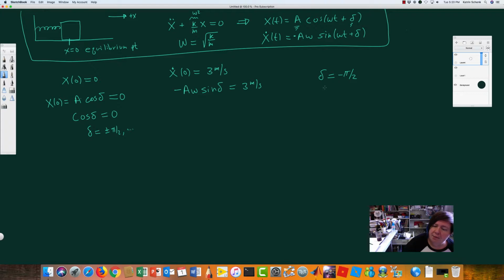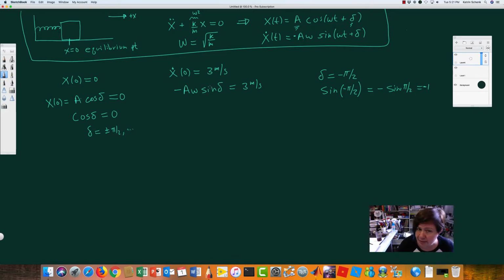Then I would have sine of negative pi over 2, which is minus sine pi over 2, which is just minus 1. And look how that would work here, because the sine of minus pi over 2 gives me a minus 1, which would cancel this, and I would indeed get 3 meters per second, because it needs to be 3 meters per second, not negative 3.